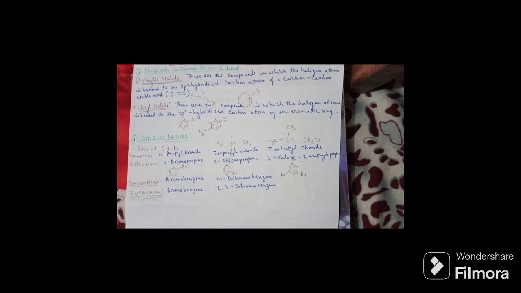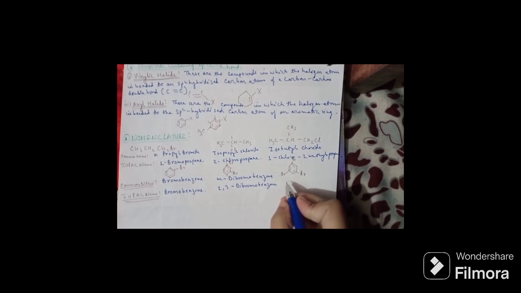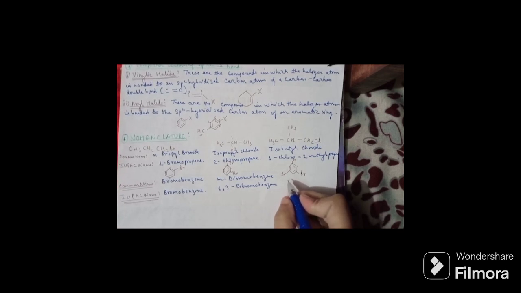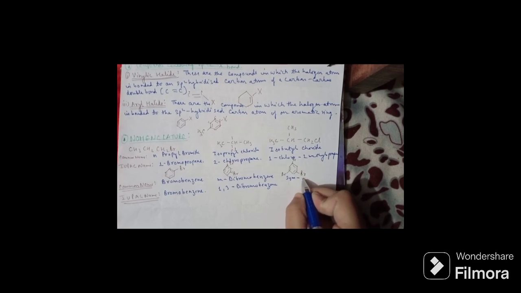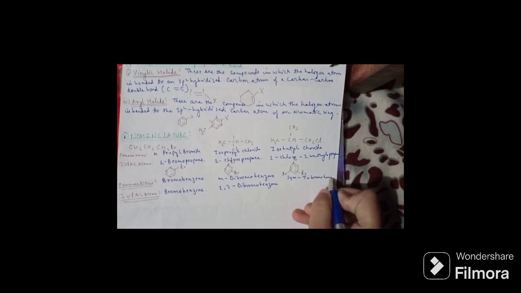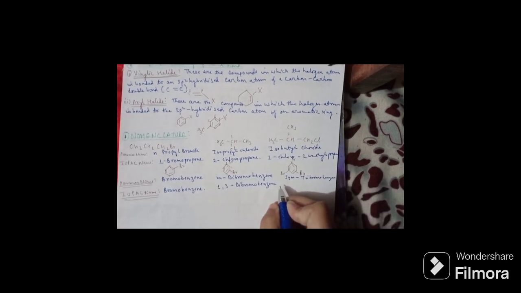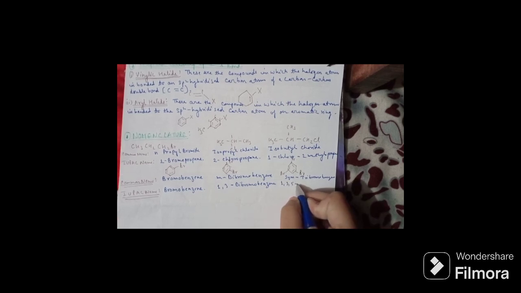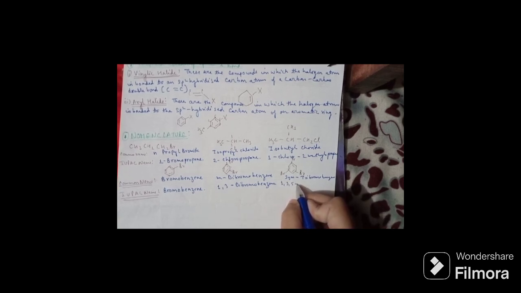The common name we have is sym-tribromobenzene, that is symmetrical. And the IUPAC name is 1,3,5-tribromobenzene.